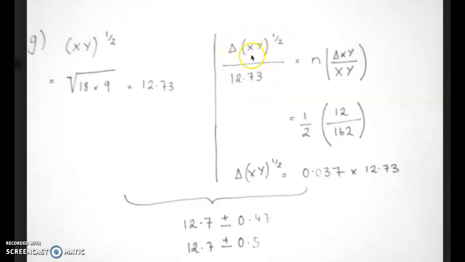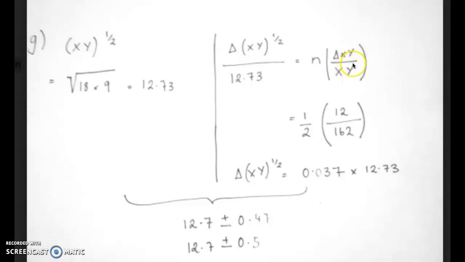So that means this unknown divided by 12.73, which is the value of xy to the power of a half, will be equal to the power, which is a half, times the uncertainty in xy divided by the value of xy. Does that look familiar? Because we did that a few questions back, that would be question E.